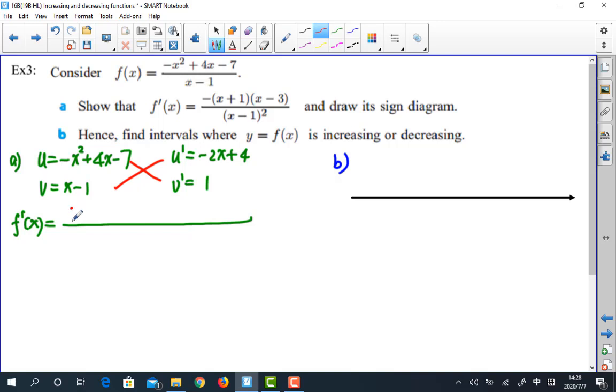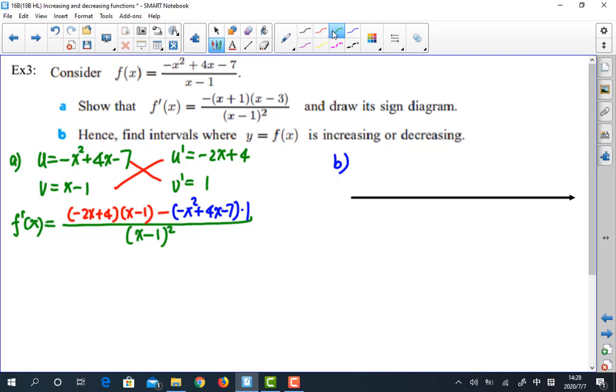So it's negative 2x plus 4 times x minus 1 minus negative x squared plus 4x minus 7 times 1, divided by v squared to go.